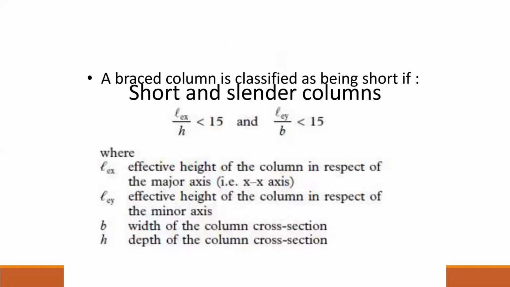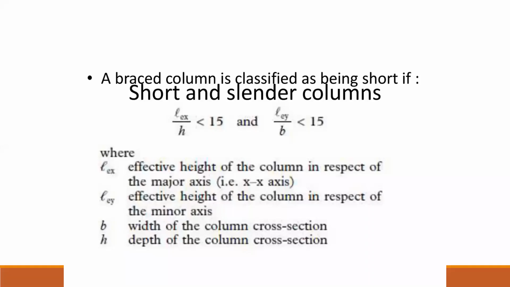A column is classified as being short or slender. For the short and slender columns you can see here, Lex over h, where h is the height of the column, is 15.